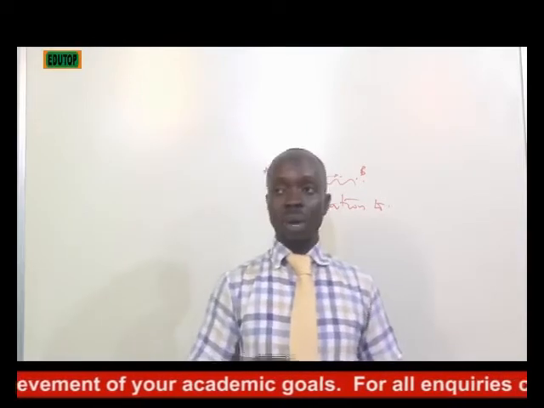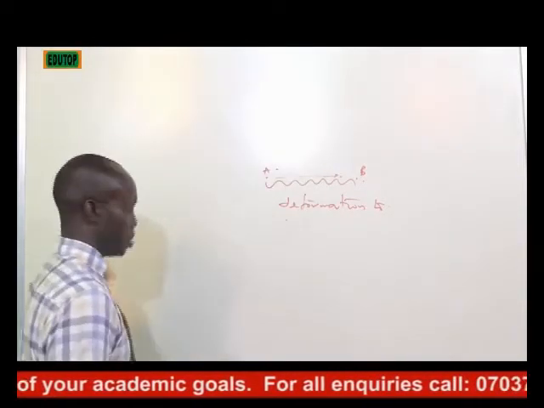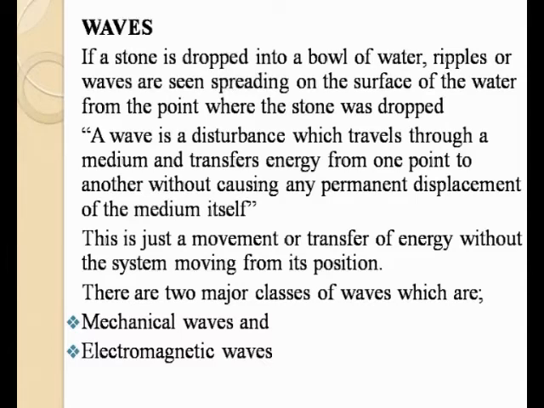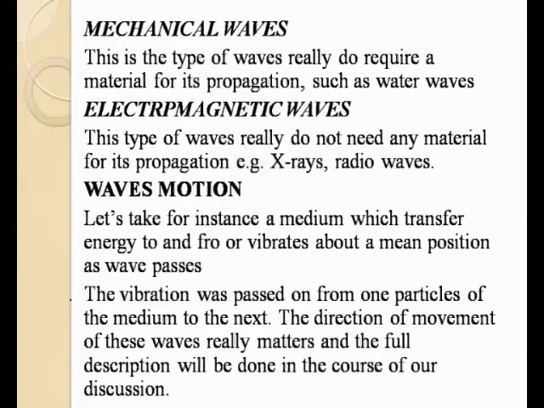So without wasting much of our time, we're looking at the two major types of wave. We have what we call the mechanical wave, and two, we have what we call the electromagnetic waves. Let's start with mechanical wave. The mechanical wave is a type of wave which does require a material for its propagation, such as water wave.